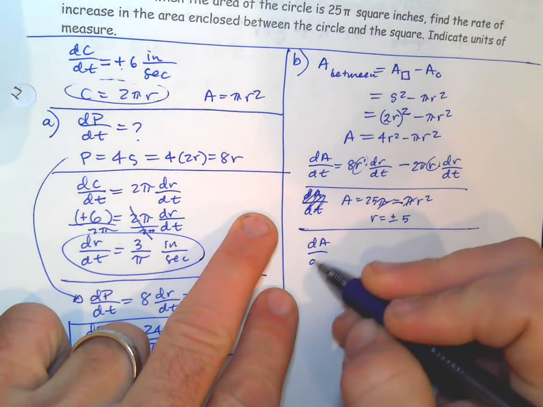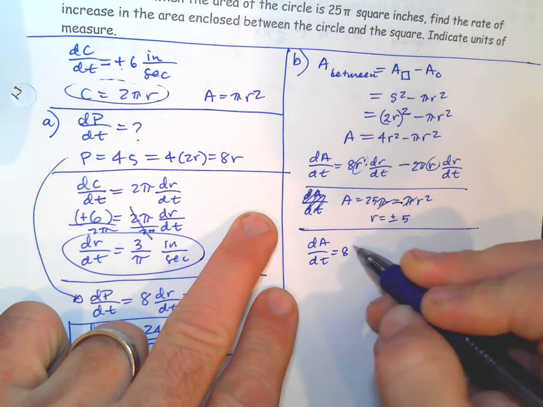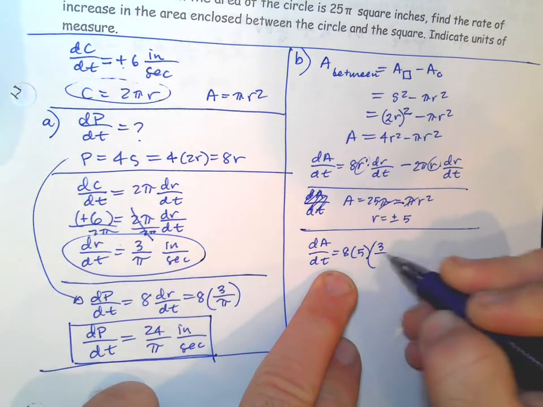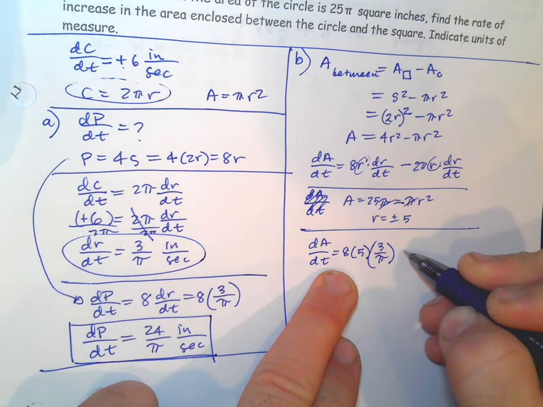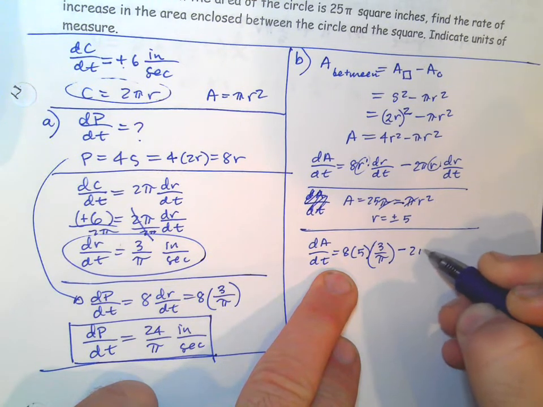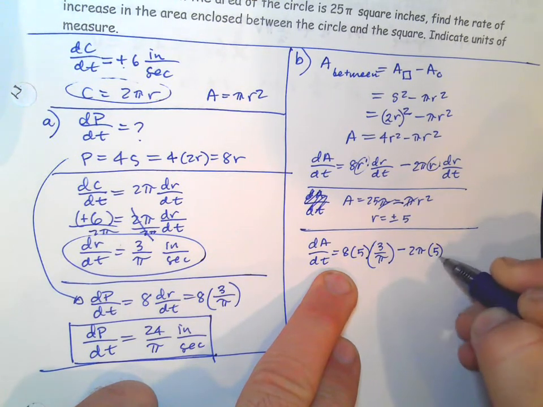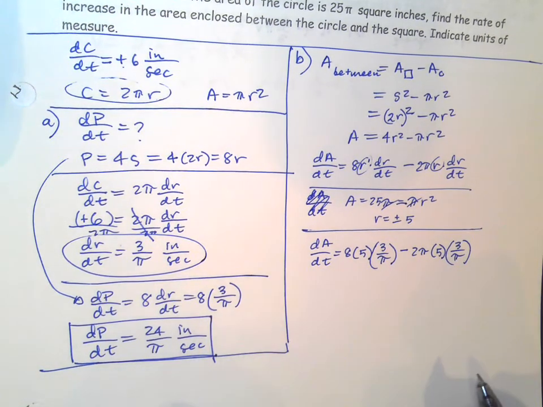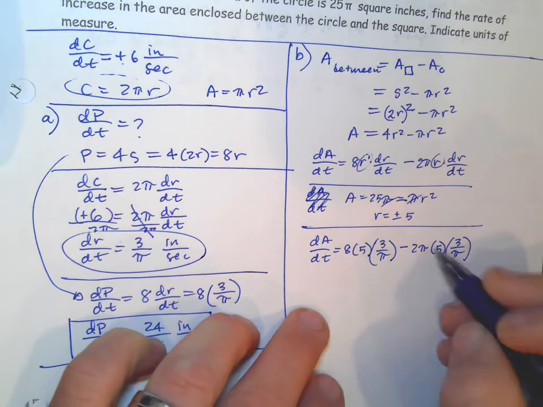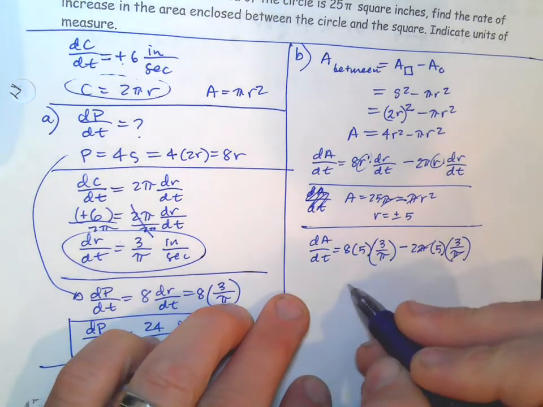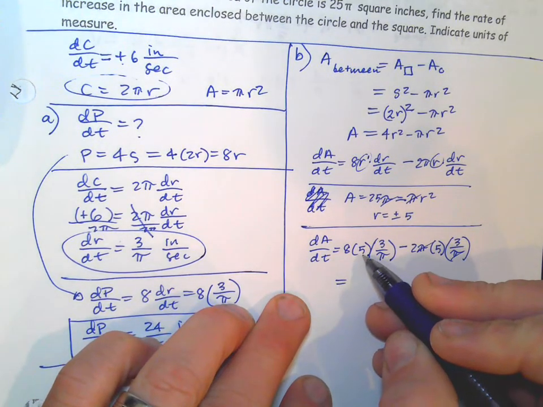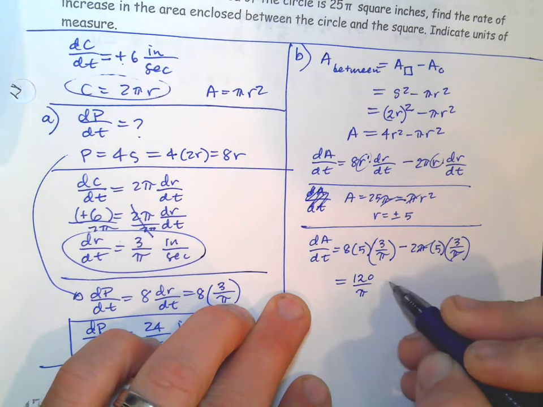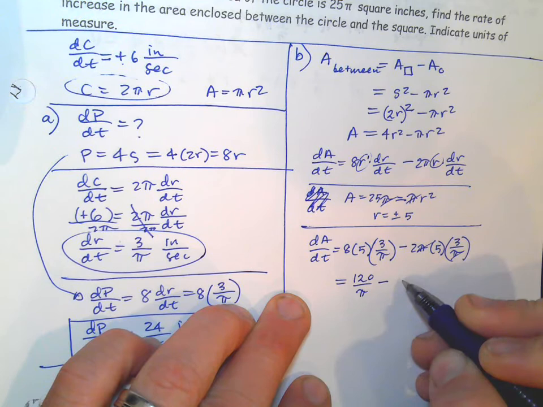So dA/dt equals 8 times 5 times dr/dt, minus 2 pi times 5 times dr/dt, where dr/dt is 3 over pi. Here the pi's cancel. And so we get 120 over pi minus 30.